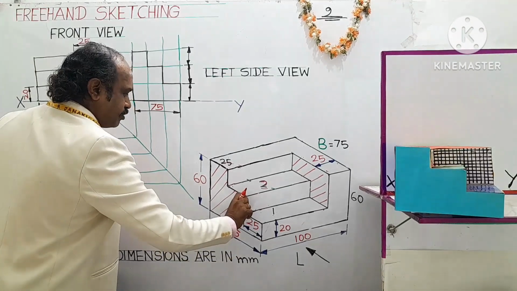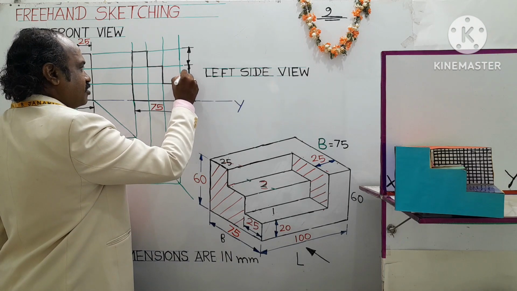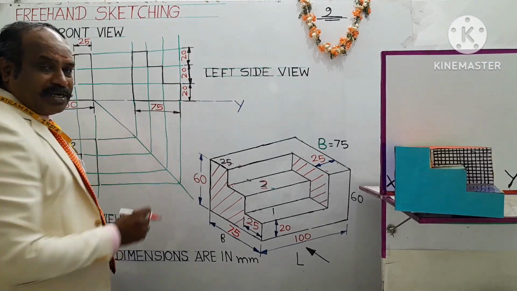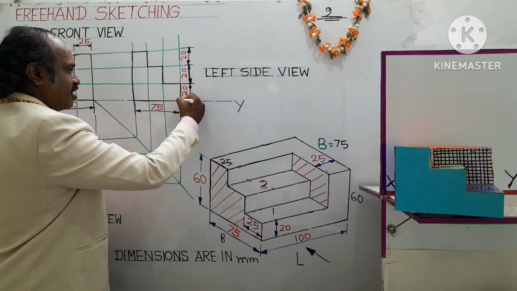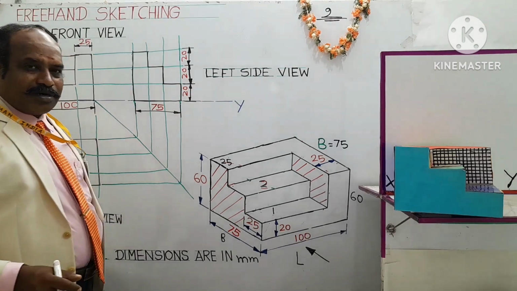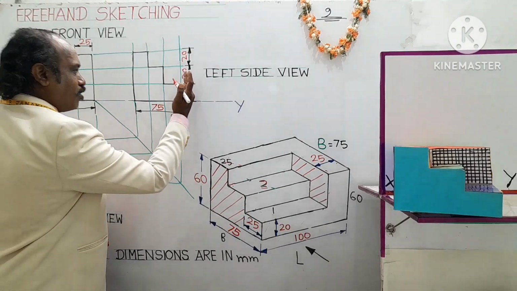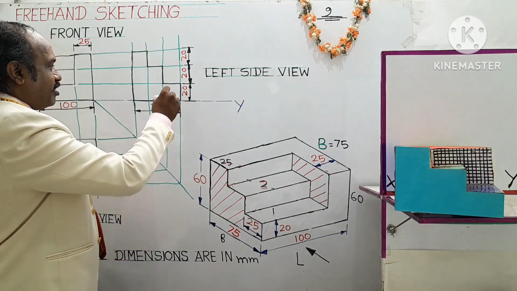Step 1 is 20, step 2 is 20, step 3 is also 20. 20 shall be written like this. Here you have to maintain some gap between the dimension line and the edges of the object, at least 10 to 12 mm. If you put it too close to the edges, you cannot write the numbers, it will be congested. So you have to understand that.